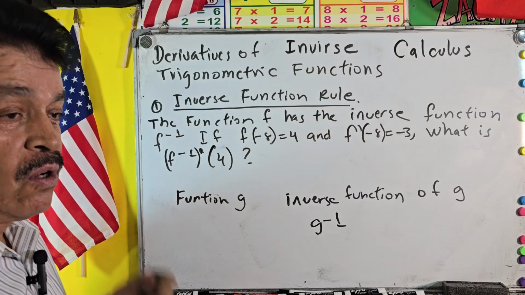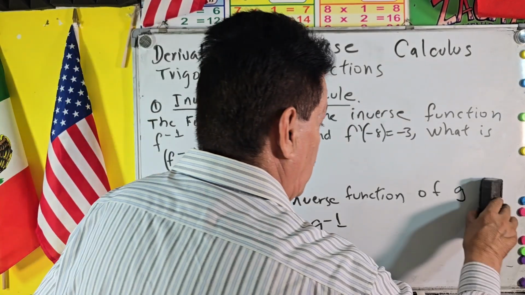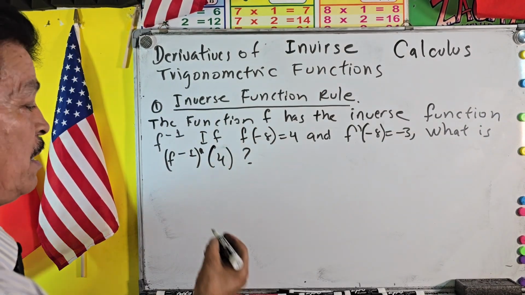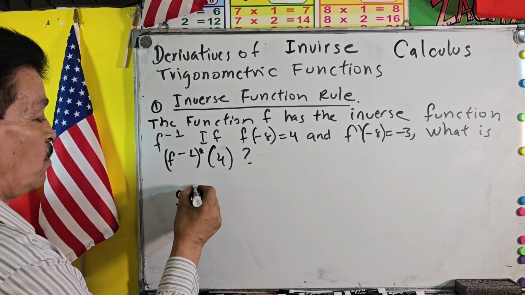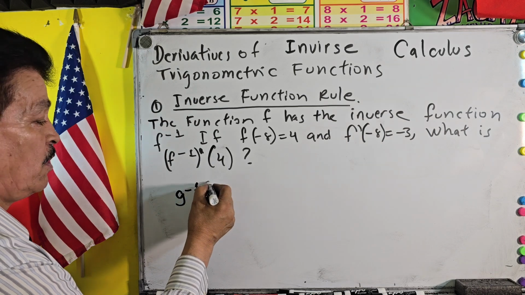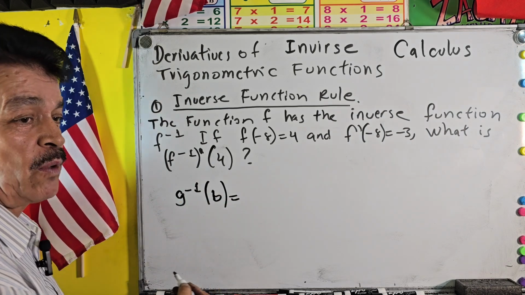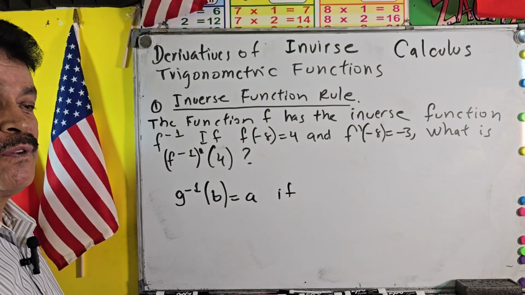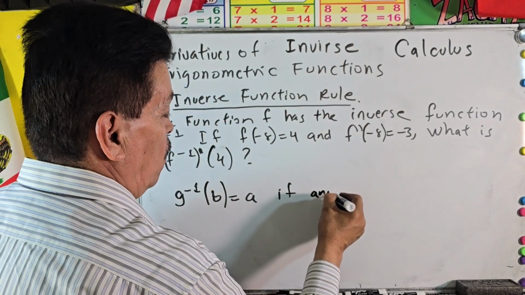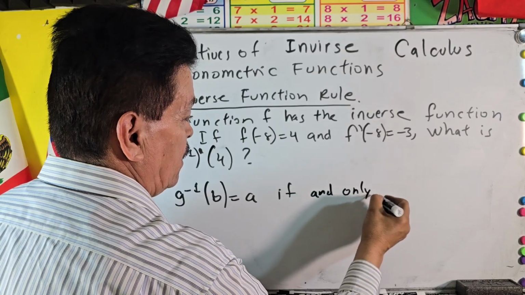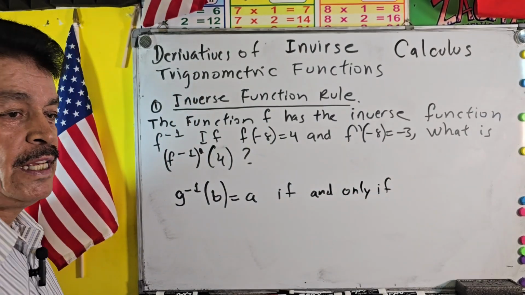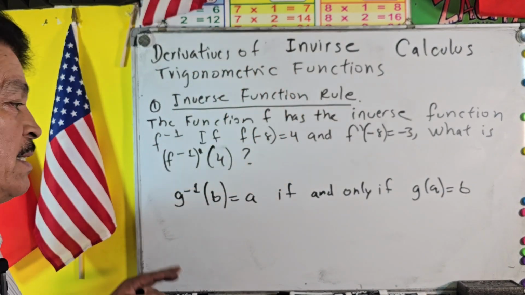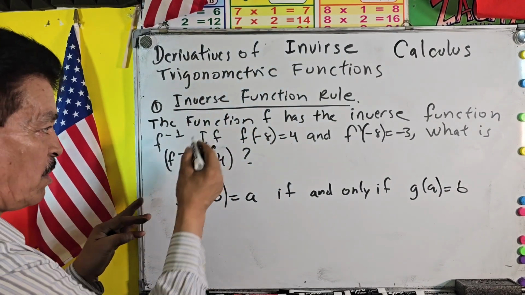One way to simplify this concept: g to the -1 of b equals a if and only if g of a equals b. So this is the concept that we have to remember.